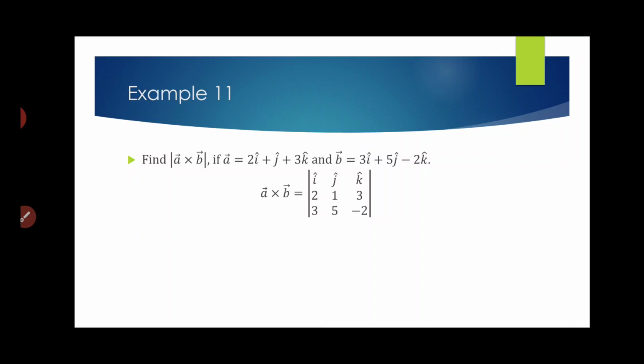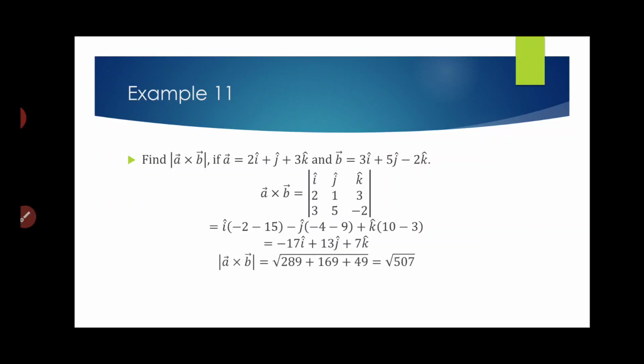We are capable of solving the determinant, so let us solve it. And this is your cross product a cross b. And now to find the modulus, just take the square root of the sum of the squares. So you get root over 507. So this is your answer.